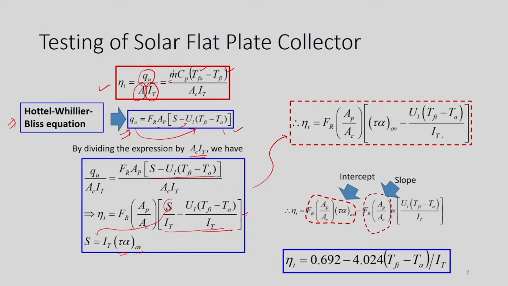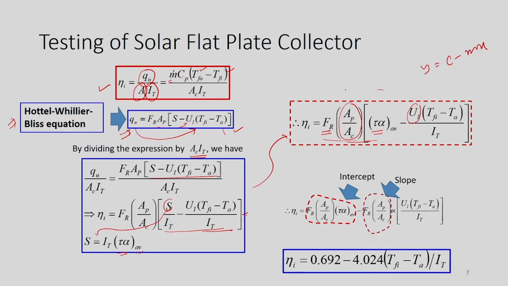Now, for a particular collector, this F_R, (tau alpha) average and U_L are constant. So this part is constant always for a particular collector. This will be something like y = mx − c, or I can write c − mx.